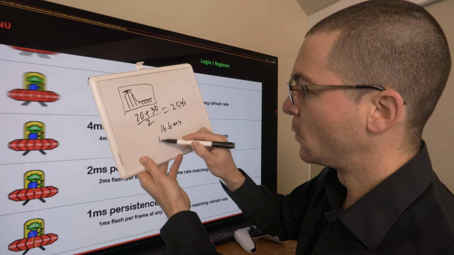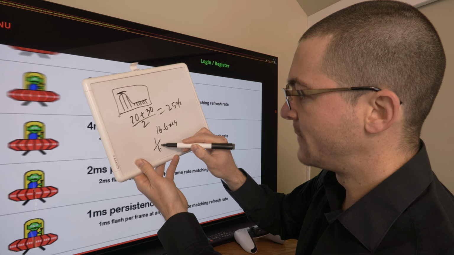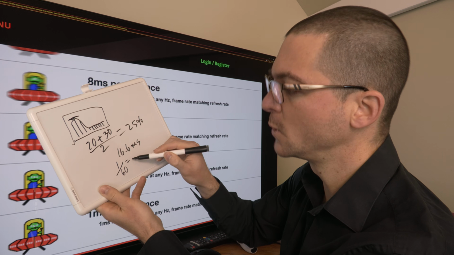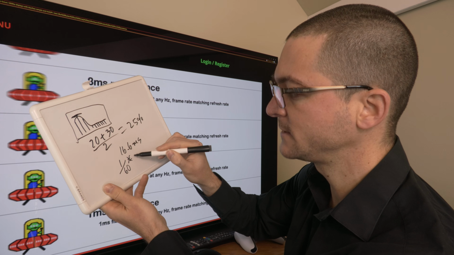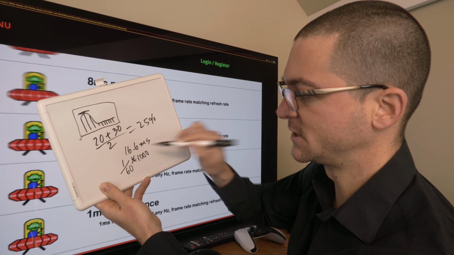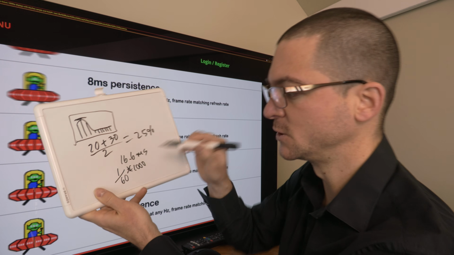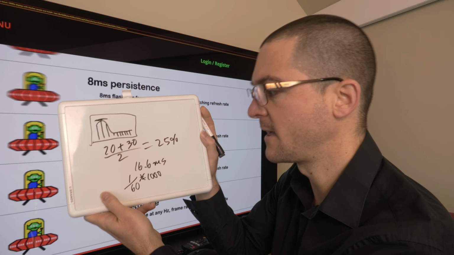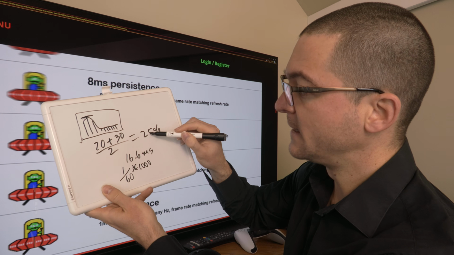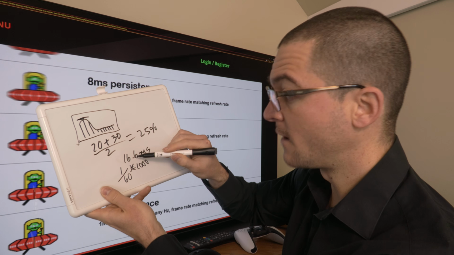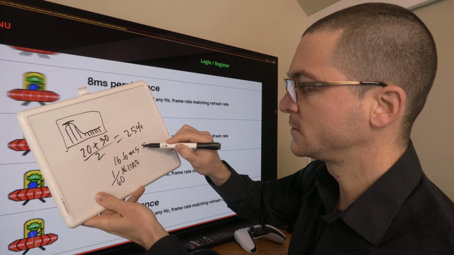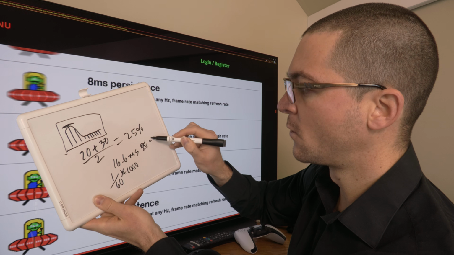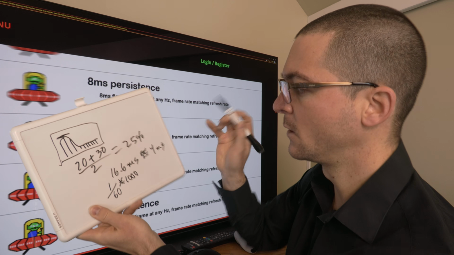So if we divide 1 by 60, we get this result. We multiply that by 1000, and we get this result in milliseconds. So this will be the result in seconds. We get it in milliseconds by multiplying by 1000. Then 25% of 16.6 is about, as an approximation, 4 milliseconds, okay?